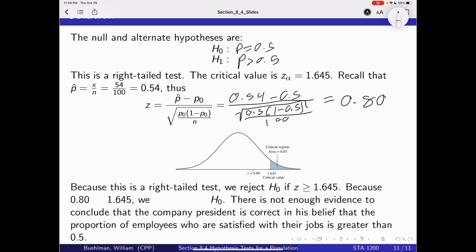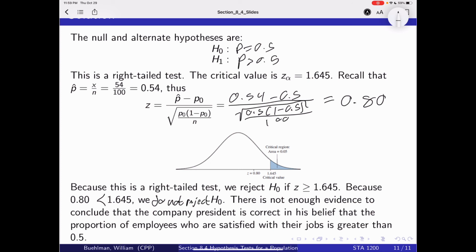Because this is a right-tailed test, we reject the null hypothesis if our test statistic is greater than or equal to 1.645. Because 0.80, our test statistic, is less than our critical value of 1.645, we do not reject the null hypothesis. So what does that mean?